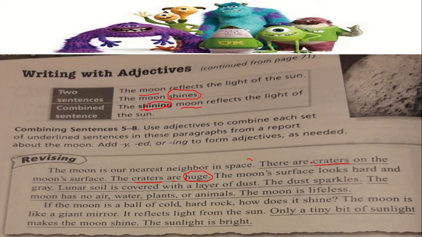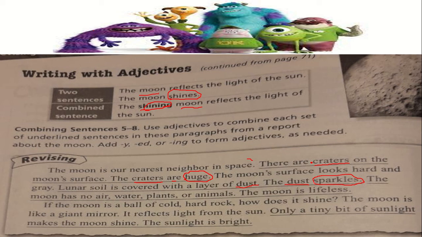Lunar soil is covered with a layer of dust. Okay, the dust sparkles. So we know that the word dust is the one that is repeated. So we will add to the word dust the word sparkles. We have to see if the word sparkles needs a change to turn into the adjective form.